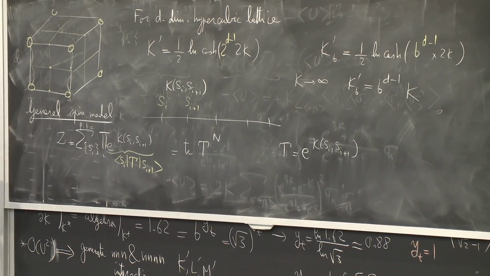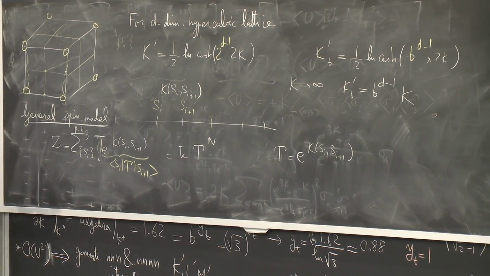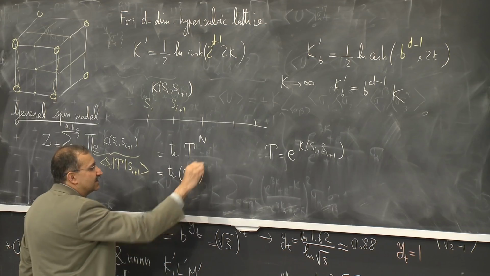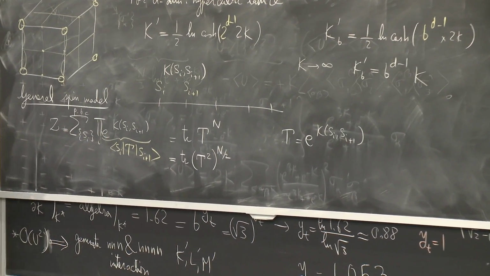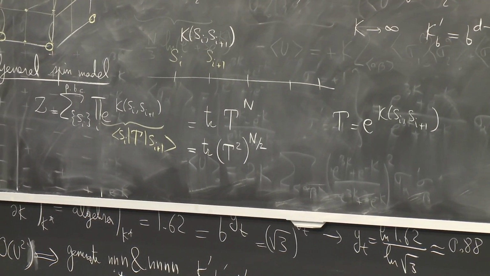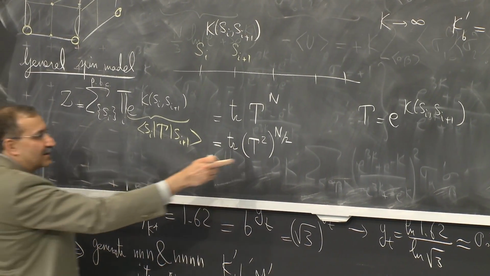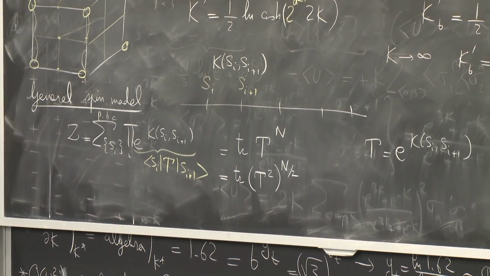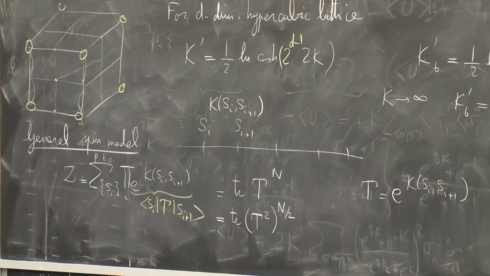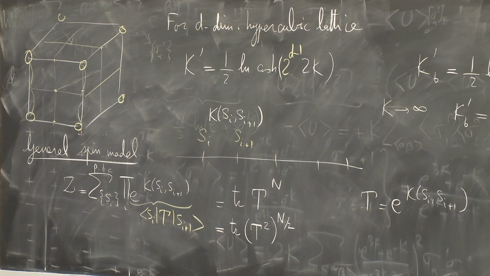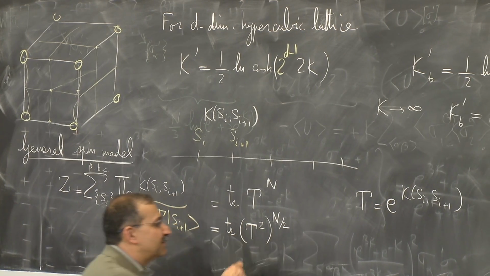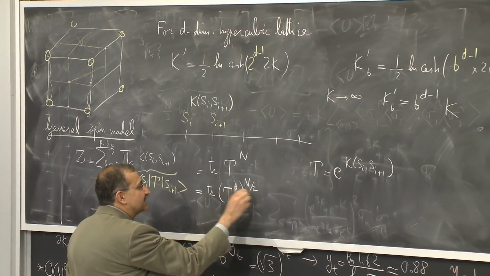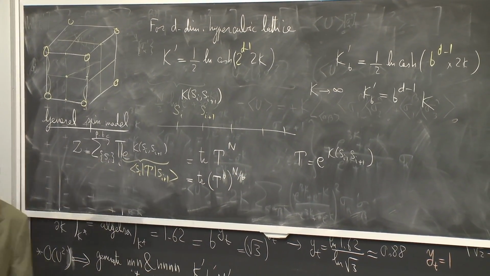Now, clearly I can write this as trace of T squared to the power of N over 2. Right? And this I can regard as the partition function of a system that has half as many spins. So I have performed the renormalization group like what we are doing in one dimension. I have T prime is T squared. And in general, you can see that I can write this as T to the b, N over b.